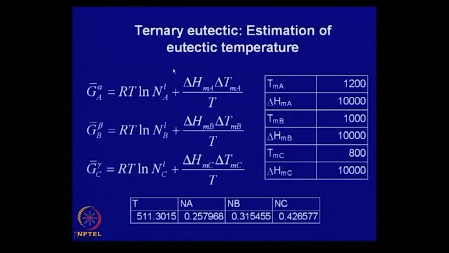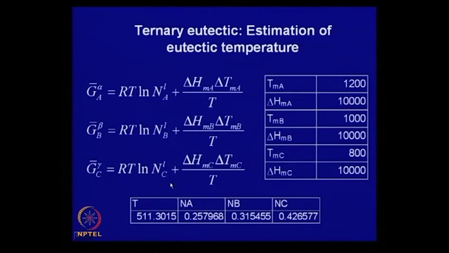If you equate, for the estimation of that ternary eutectic temperature, these are the 3 equations. Now, here you assume that this is equal to 0, this is a stable phase, it is pure A, and this is 0.